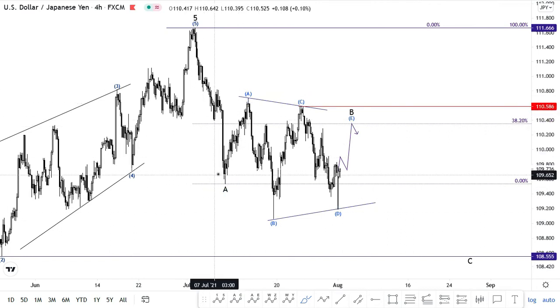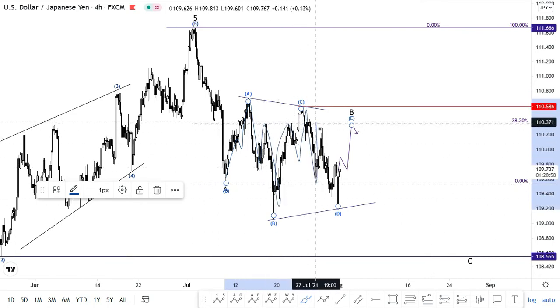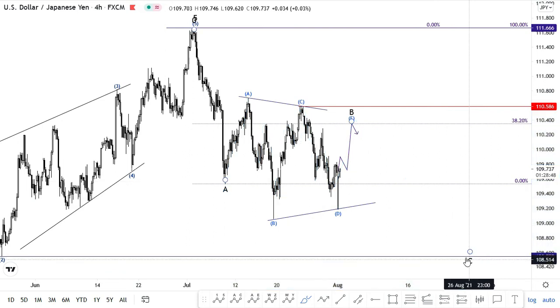As you can see here, ABC move, ABC, and then we're expecting another ABC before we can see the 1, 2, 3, 4, 5 rally to wave C. And they are strong.